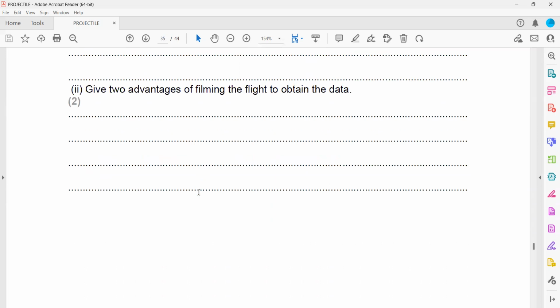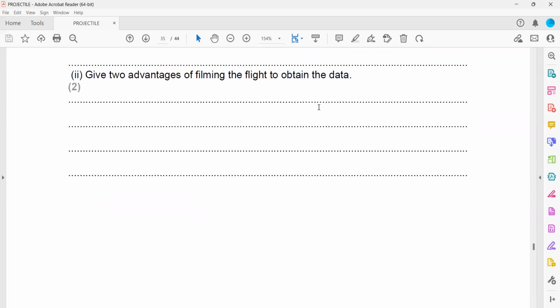Give advantages of filming the flight to obtain the data. What are the advantages of using a video camera rather than a stopwatch? The first thing is that it's difficult for a human eye to observe this motion. Reaction time will not be involved, as we're not using the stopwatch. We can zoom in to check the height.